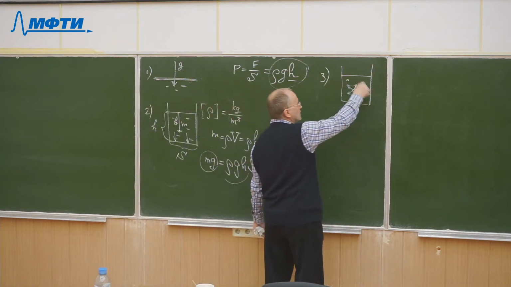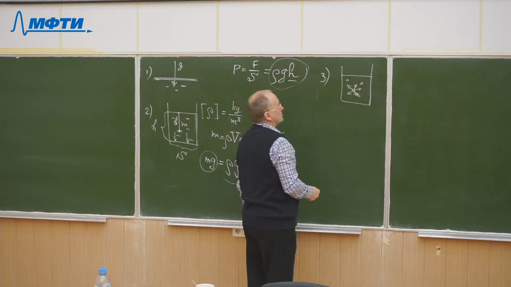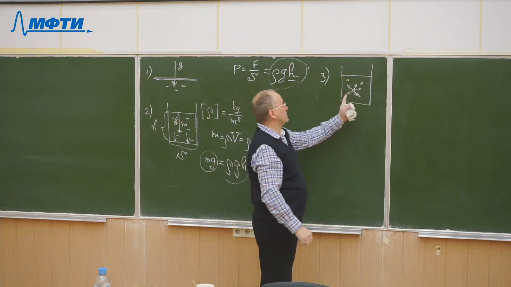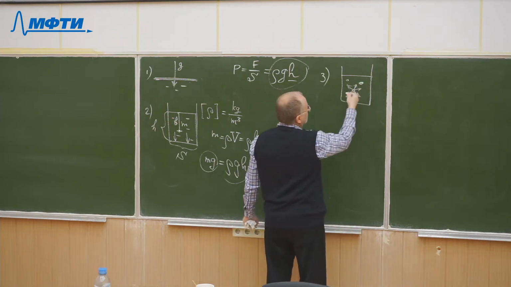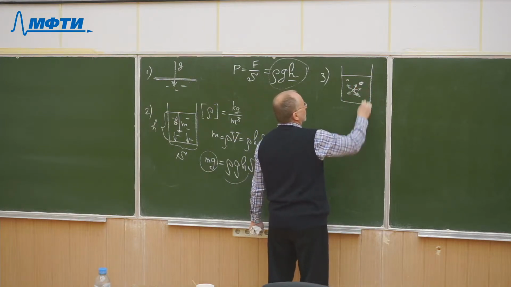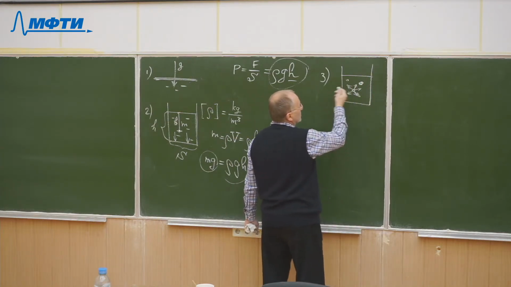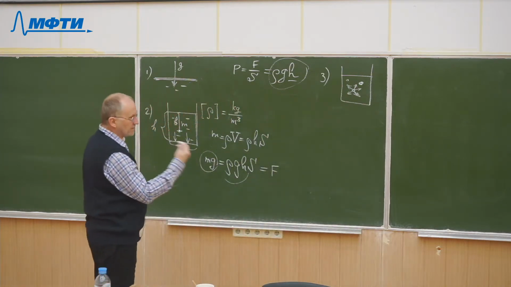If there is some motion inside the liquid, if there are some water flows inside it, then this will not be the case. Then pressures acting on any volume will be different from different sides. And this difference in forces will cause this small volume of liquid to accelerate and move according to some complicated trajectory inside the liquid.